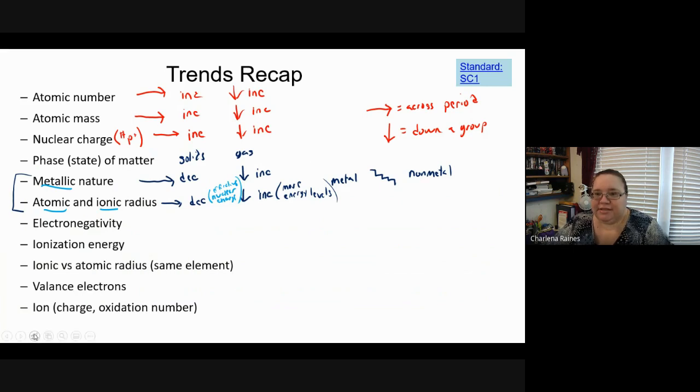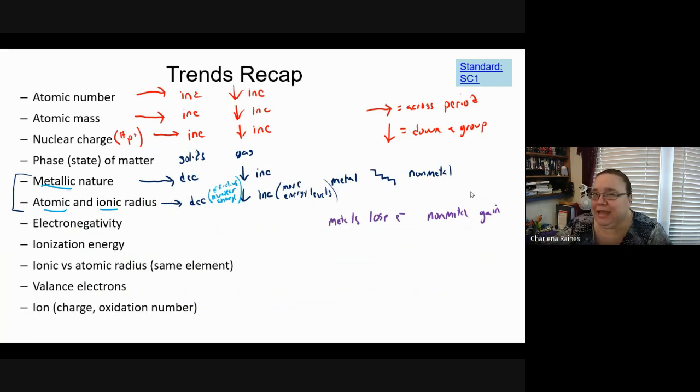So the next set of trends that we're looking at is our ionization energy and electronegativity. Electronegativity, we see the pattern that we see because of the element's size. Remember that electronegativity is how much I attract electrons. So if we remember that our metals lose electrons and our nonmetals gain electrons, we can easily infer the trend in electronegativity.